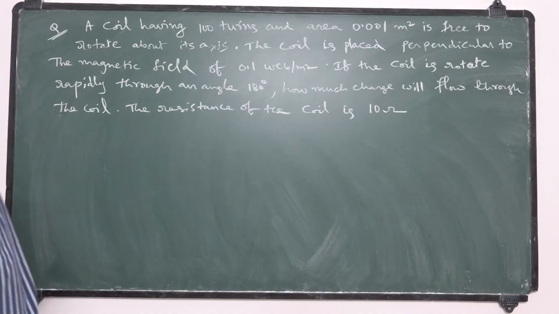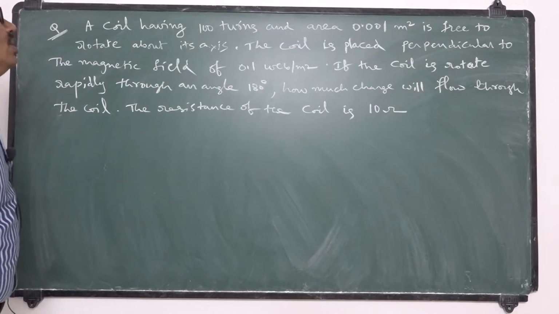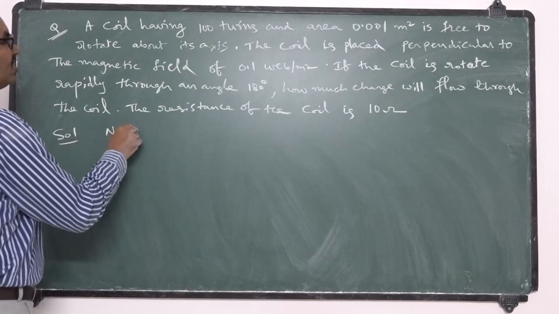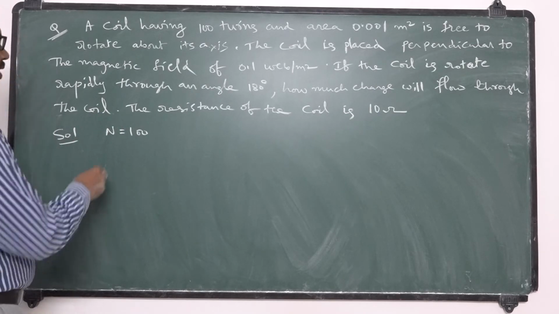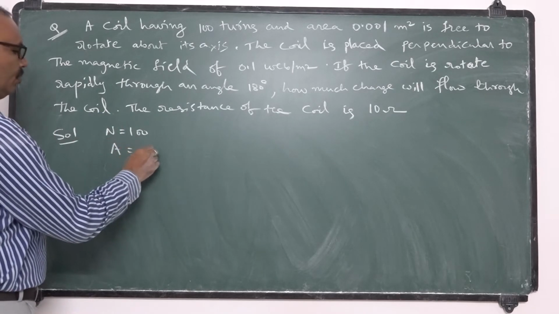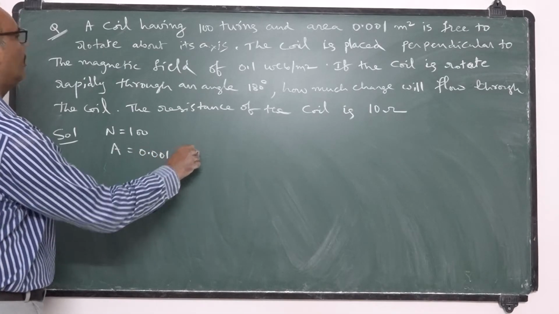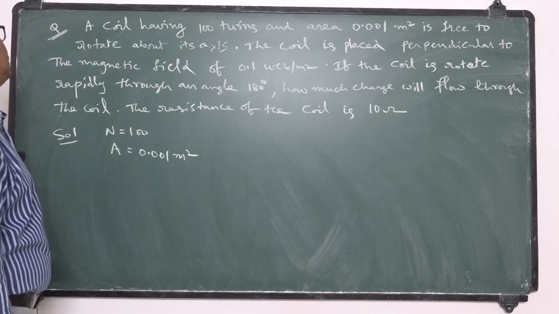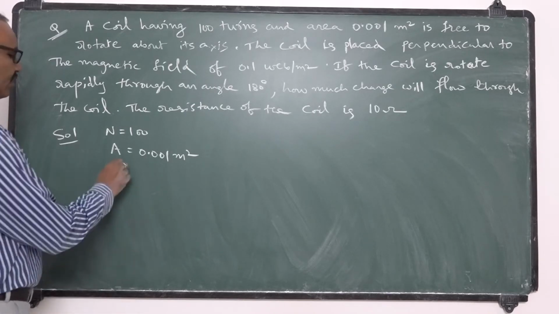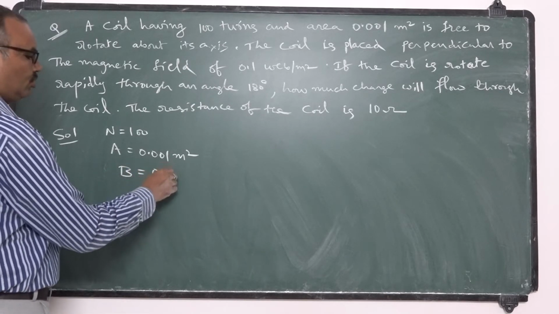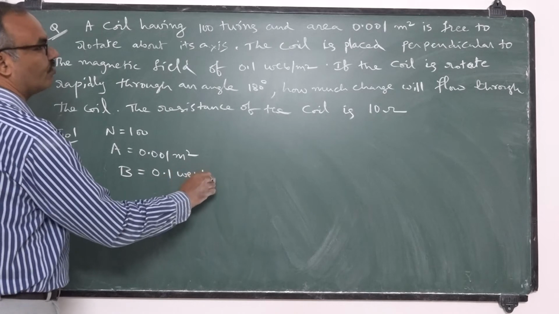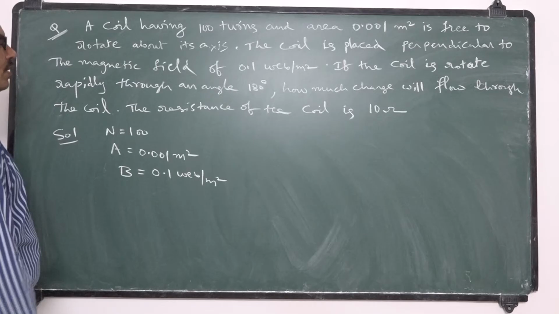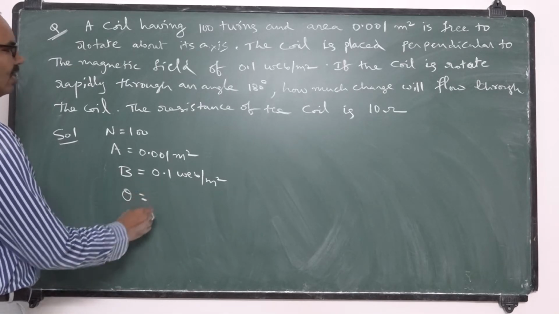First, let us understand. The coil has a number of turns equal to 100. Area of the coil is 0.001 meter square. It is free to rotate about its axis. The coil is placed perpendicular to the magnetic field of strength 0.1 Weber per meter square, and it is rotated rapidly through an angle. They gave the angular displacement.